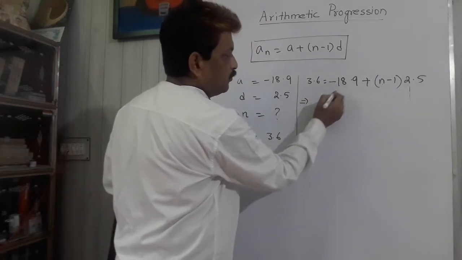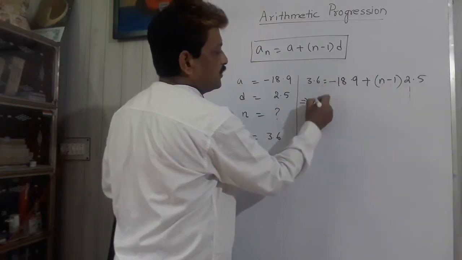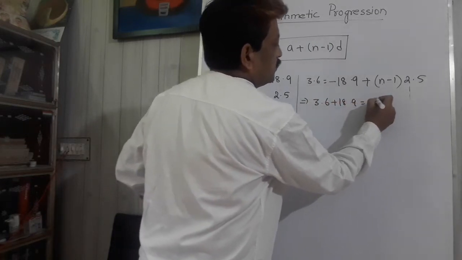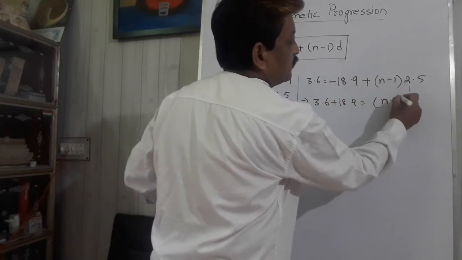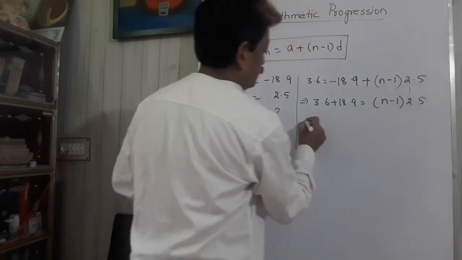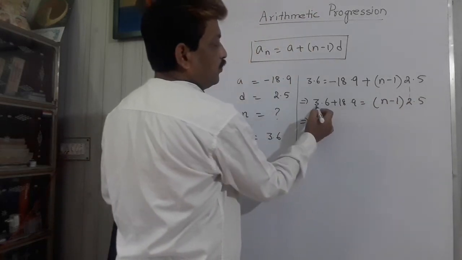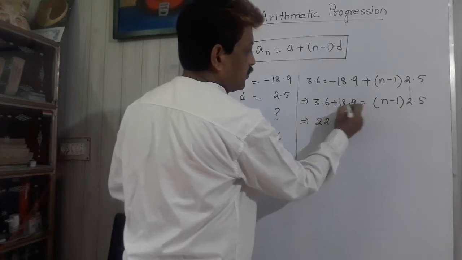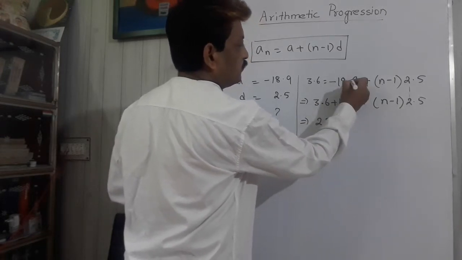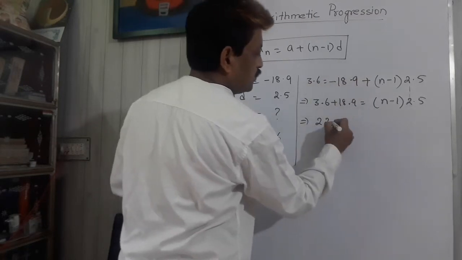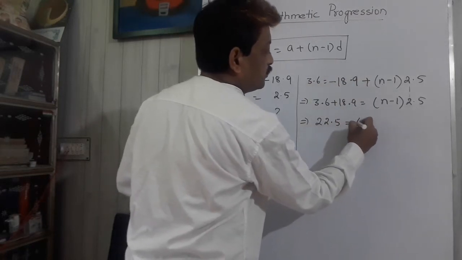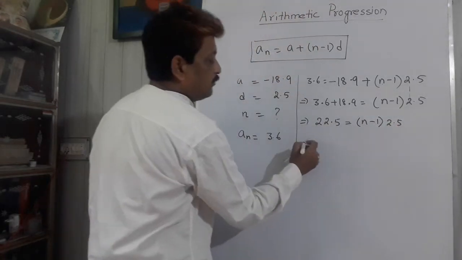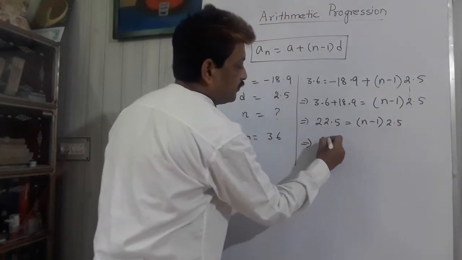This minus 18.9 will come to the left-hand side and become plus 18.9, and the other will remain as it is. So it will be 22.5. Here it is a decimal. So 22.5 equals (n - 1) times 2.5. Now this 2.5 will come down and be divided.